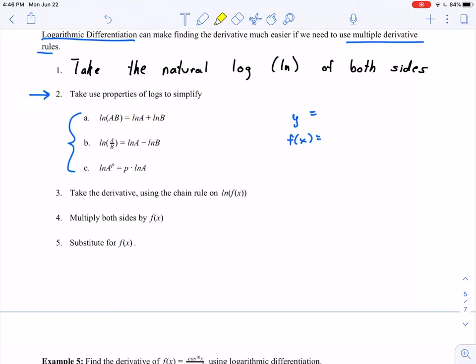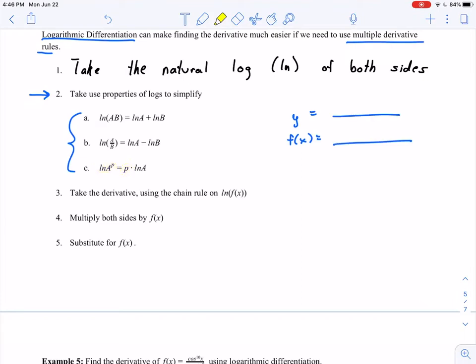If I have natural log of a divided by b, again, I can split that up into 2 simpler logarithms. I can rewrite that as natural log of a minus natural log of b. And then lastly, this one's a little bit different. If I have natural log of a to the p power, I can take that power and write it as a factor. I can say that's p times natural log of a.